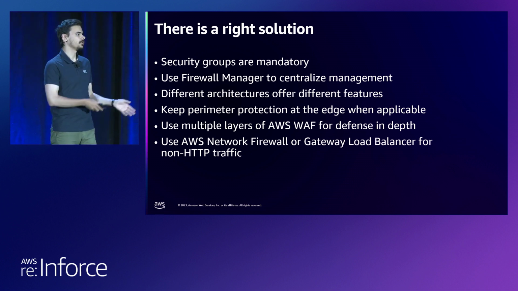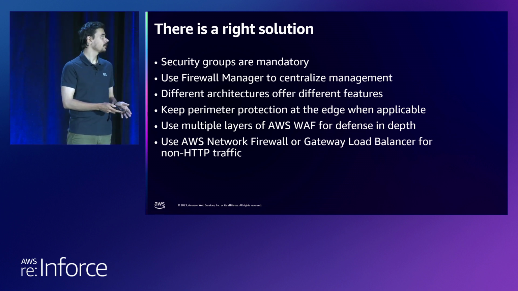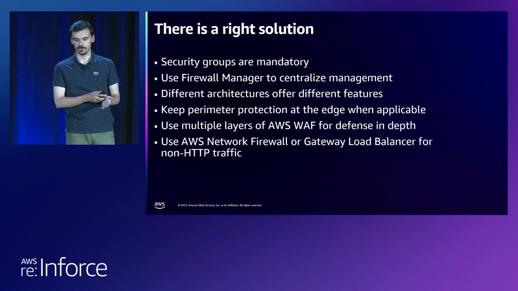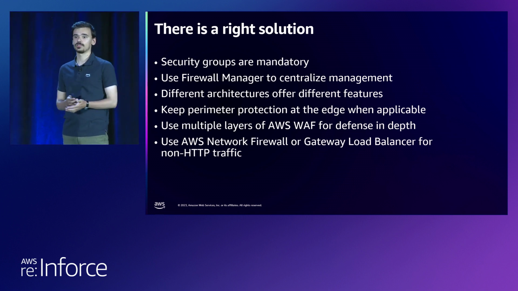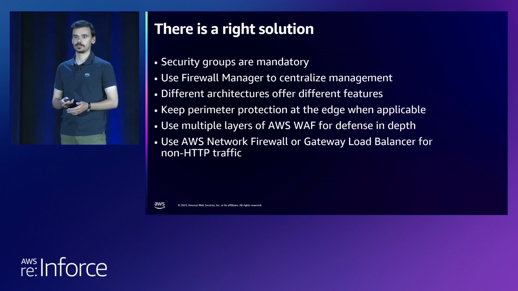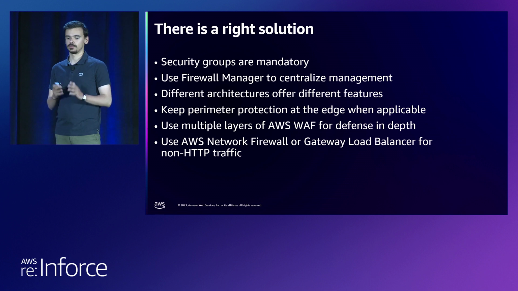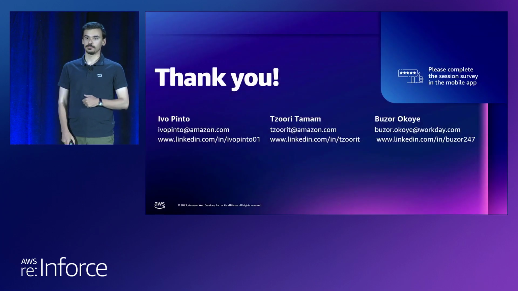For example, use security groups and network firewall. Use security groups and network ACLs. Don't stick to a single one, and protect as early as possible. And lastly, if you have non-HTTP traffic, just focus on network firewall, or Gateway Load Balancer with third-party firewalls. So these are 5 takeaways that I want you to take home and apply. And that's all, folks. Thank you.